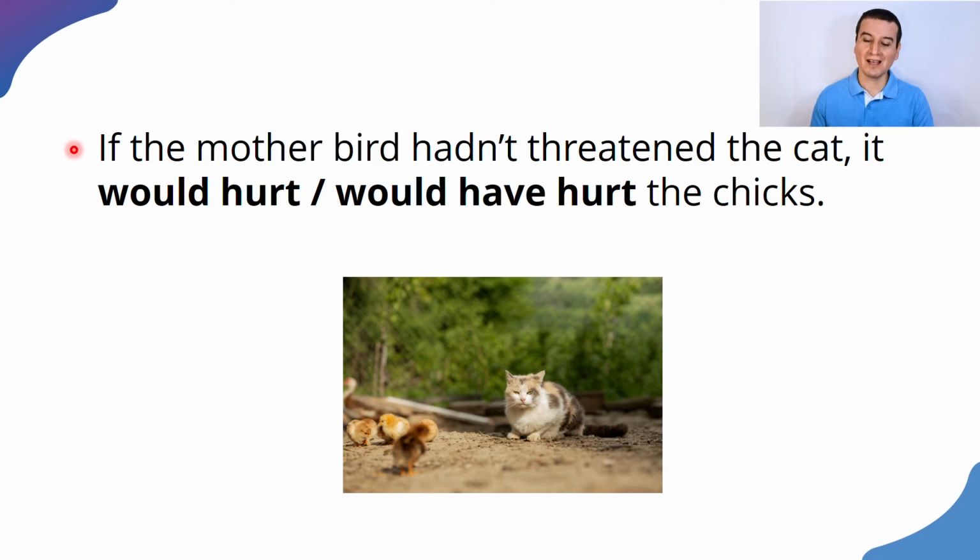Answer: it would have hurt the chicks. Yes, because if the mother hadn't threatened the cat, because they can do that, the cat would have hurt or eaten the chicks. Listen to his pronunciation. If the mother bird hadn't threatened the cat, it would have hurt the chicks.